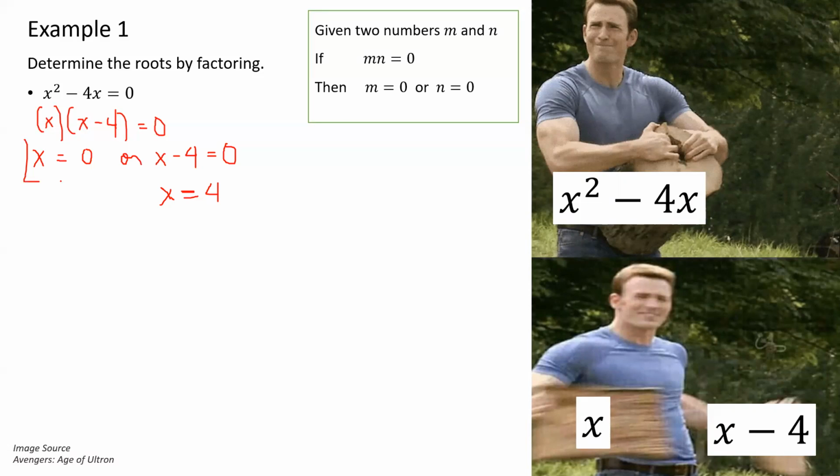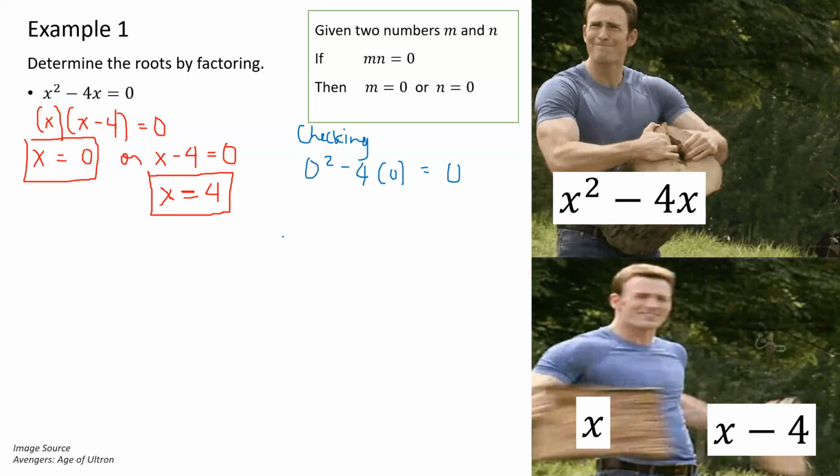So these are the possible values, or the roots, of the quadratic equation x squared minus 4x equals 0. Let's see, we can have a check here in order to see if we are correct. When we substitute 0, we will get 0 squared minus 4 times 0, which is equal to 0, right?